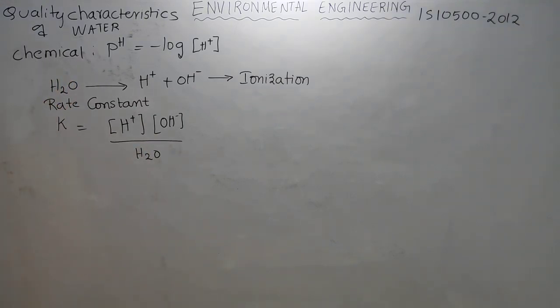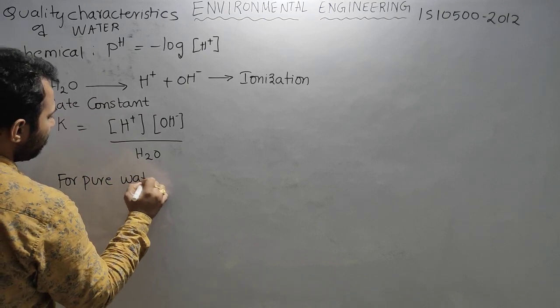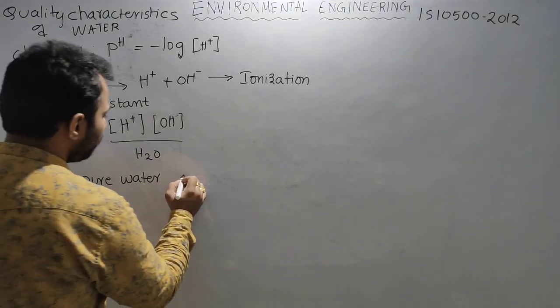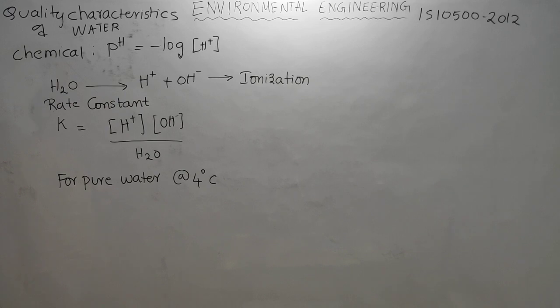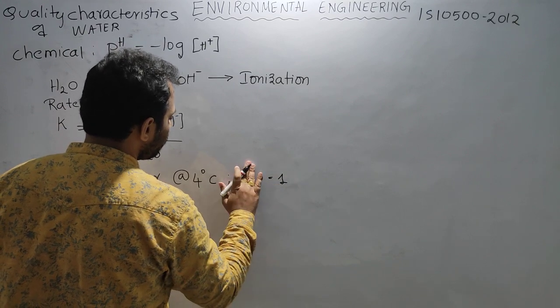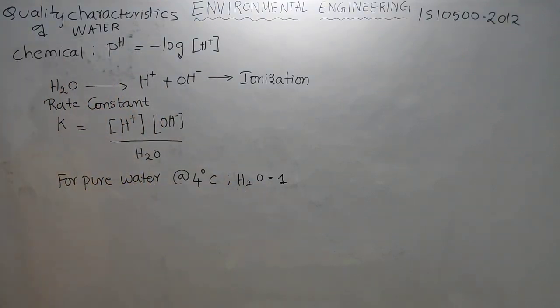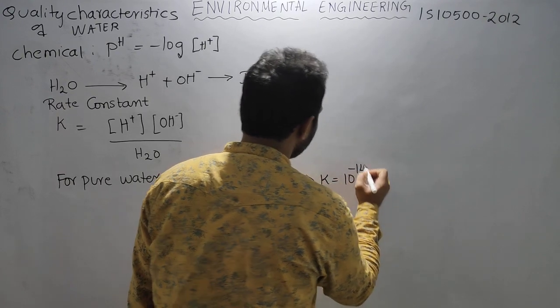Concentration of reactant, that is nothing but the rate constant. And for pure water at 4 degrees centigrade, that means when you take the concentration of H2O as 1, then you will get the K value as 10 to the power of minus 14 mole per liter.